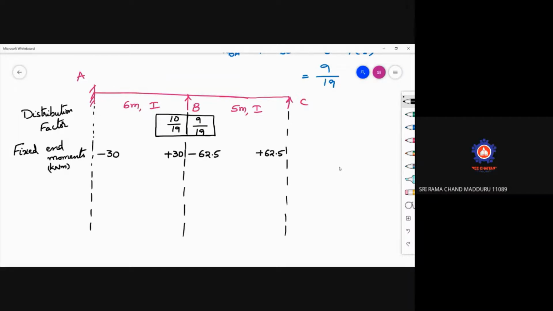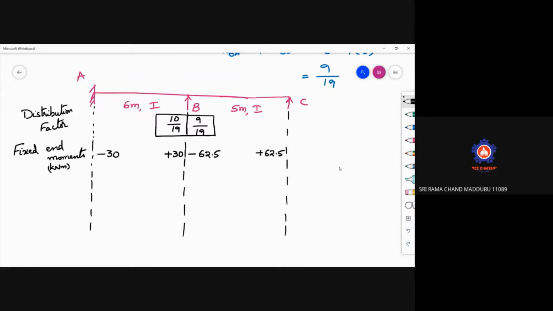Now after writing down these fixed end moments, we have to balance the supports. So which support we need to balance first, that we should understand. In the entire beam, before going to the joint, wherever the simple support or the hinge or roller support is there, at that support, what is the known value?